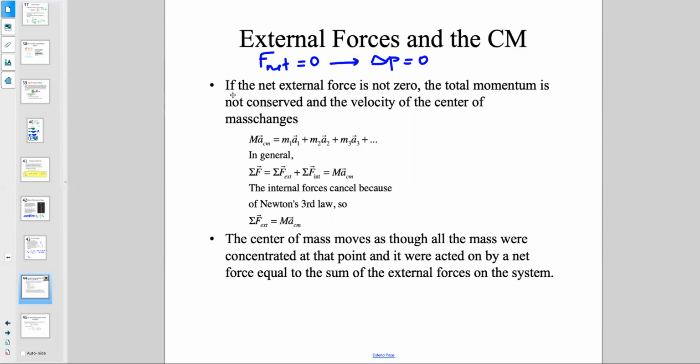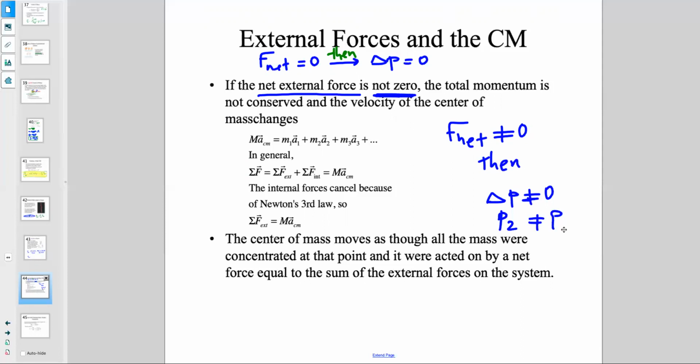But if the net external force is not 0, the total momentum is not conserved, and the velocity of the center of mass changes. So if the F net is not 0, then delta P is not 0, which means P2 is not equal to P1.